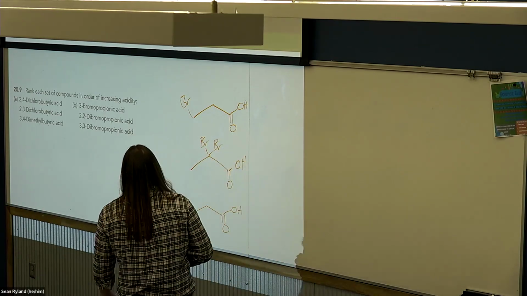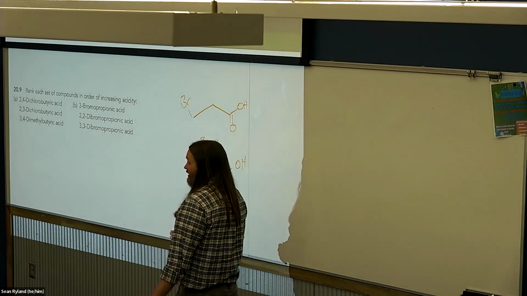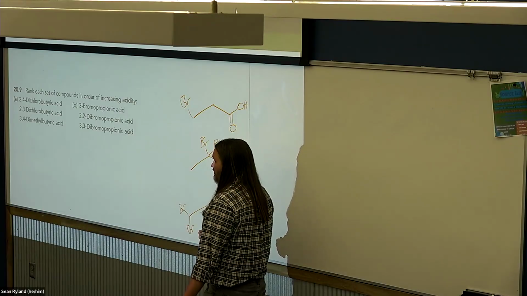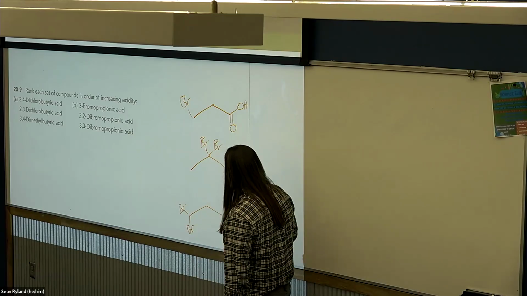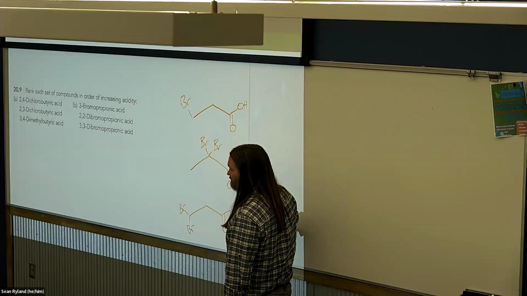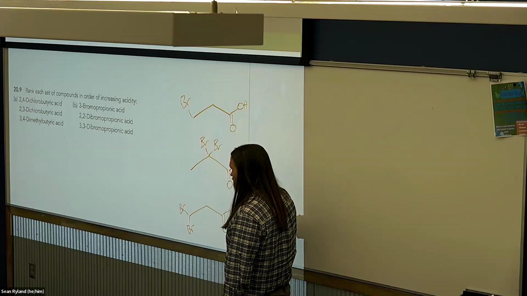All right, so what's going to be? When I've got three that I want to rank, I usually find it easier to put them into pairs, because usually there's one thing I say is going to be more than that. What's changing? Out of these two, it's pretty easy to see, right? We have two over one. So it has more electron density, so it's less acidic.